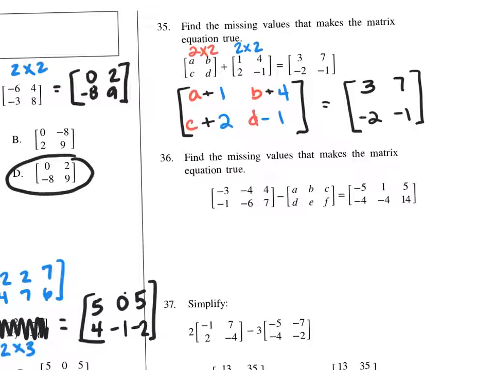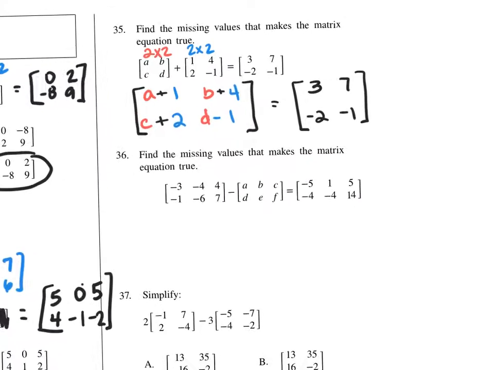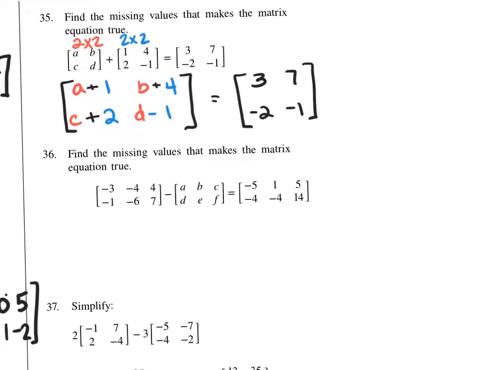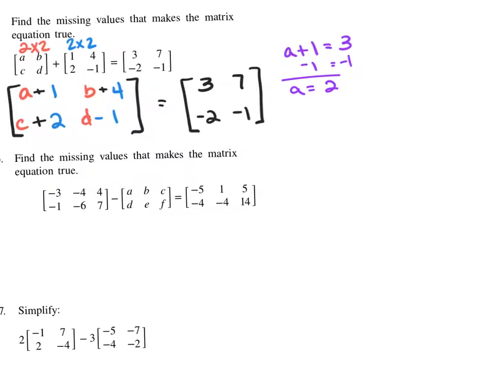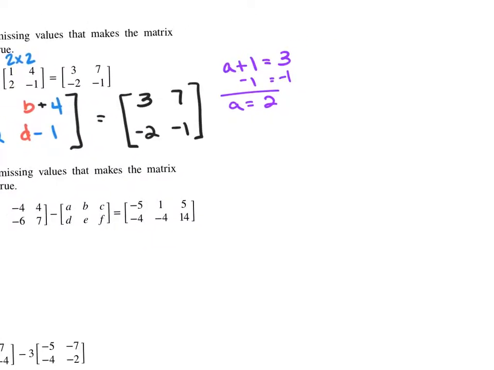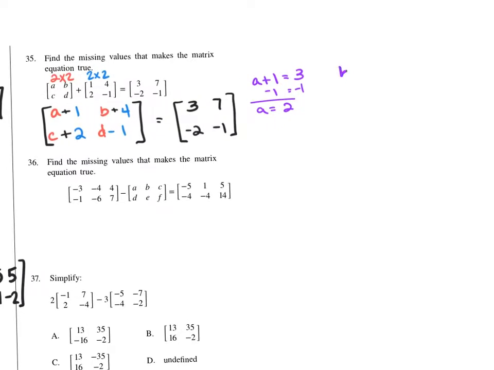So this is literally solving equations now. You're just going to solve 4 different equations here. The first one is A plus 1 is equal to 3. We subtract 1, and we get A is equal to 2. Then B plus 4 is equal to 7, so B is equal to 3.